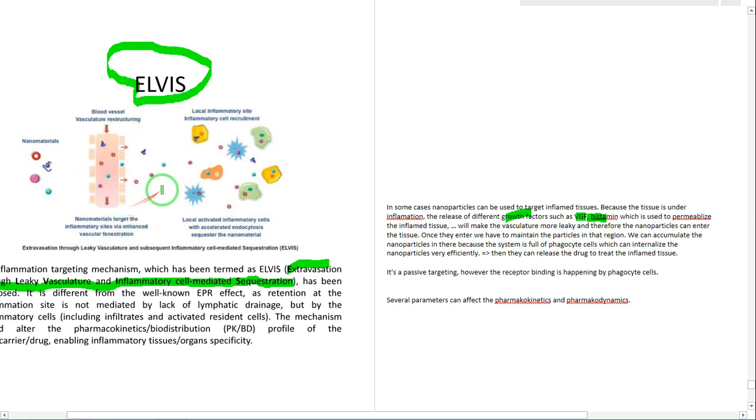You have to consider that in inflamed tissues there are too many macrophages. I can show you here.